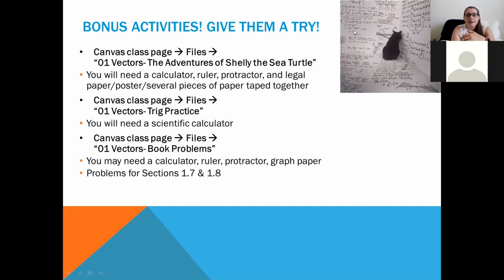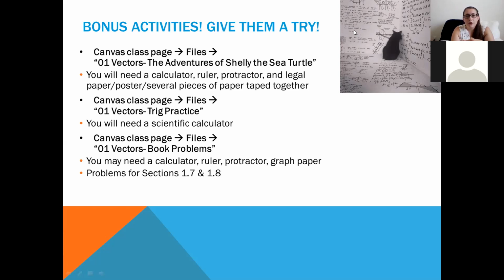If you want more practice using those trig identities, sine, cosine, tangent, and breaking down vectors into their components, check out trig practice. And then if you want practice with all of these concepts, I posted a picture of the problems from the textbook, sections 1.7 and 1.8, to just start working your way through and see how you do.